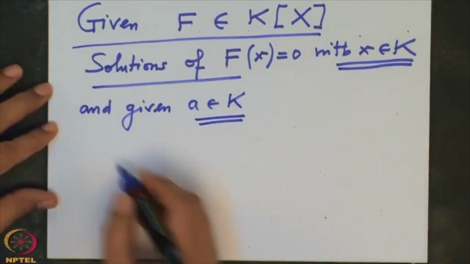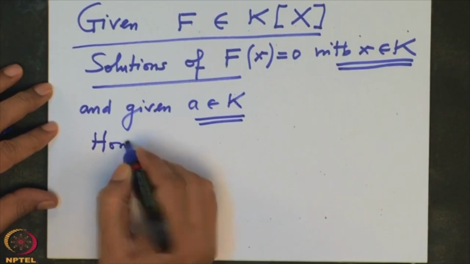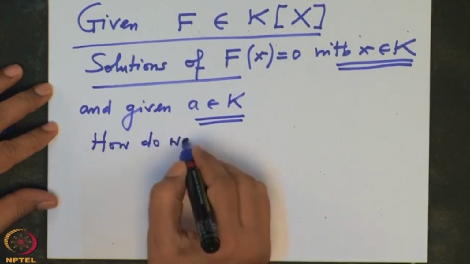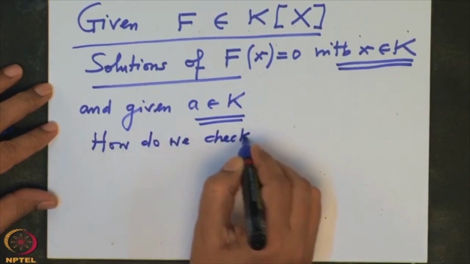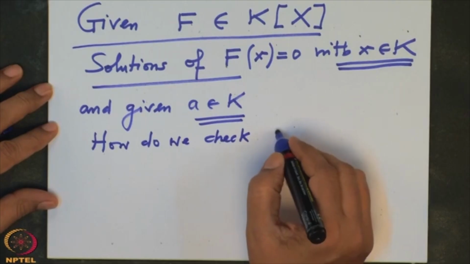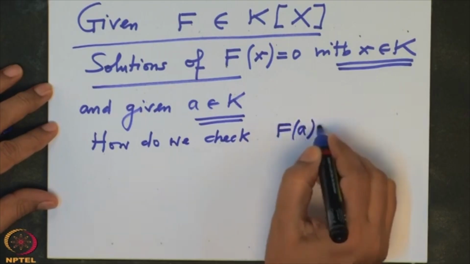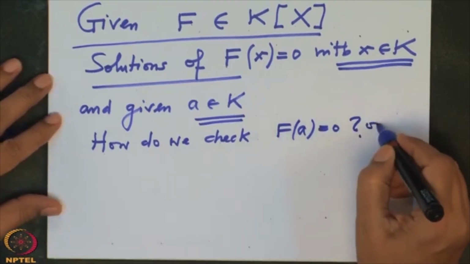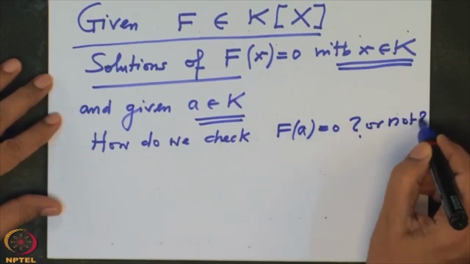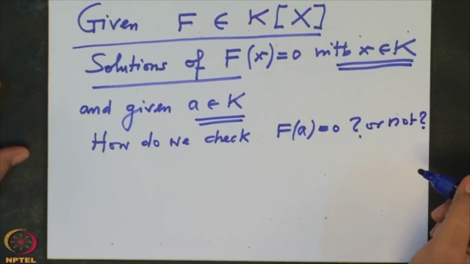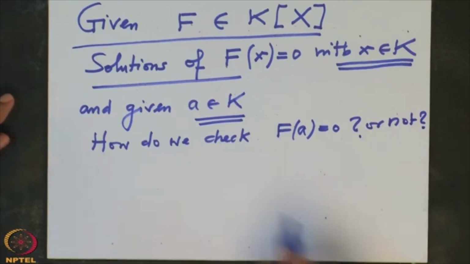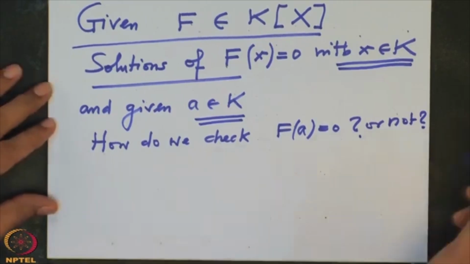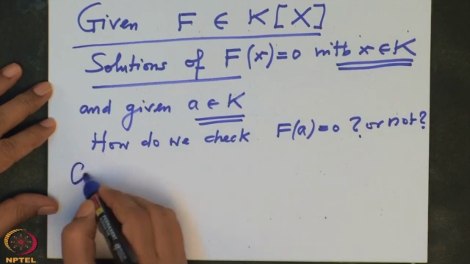That means how do we check whether f of a is 0 or not? For that we will now use the division algorithm, division with remainder.